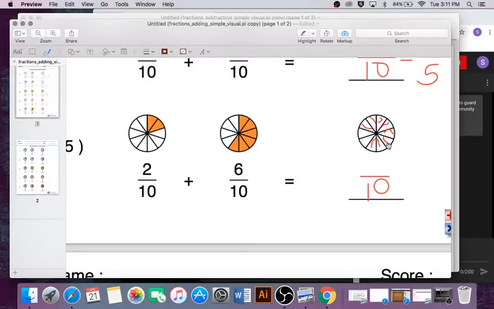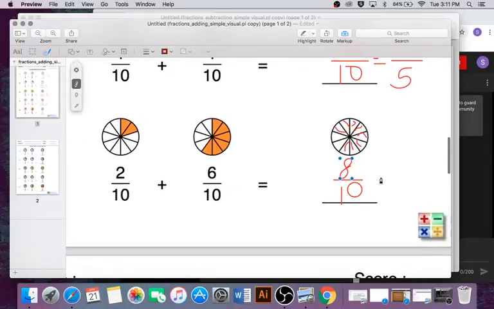So altogether we have 8 shaded pieces. 8/10 is not in simplest terms. 2 goes into both 8 and 10. 2 goes into 8 4 times. And 2 goes into 10 5 times. So our answer to this one is 4/5.